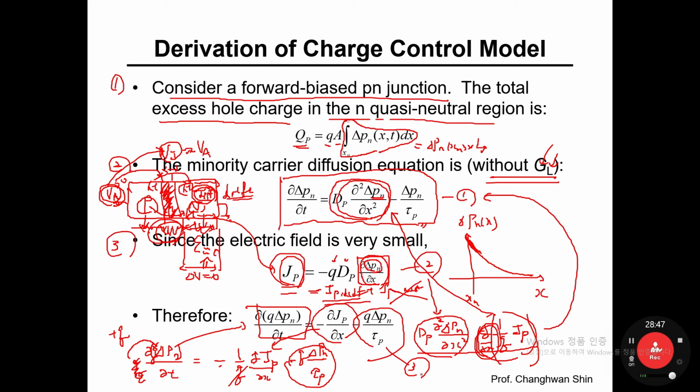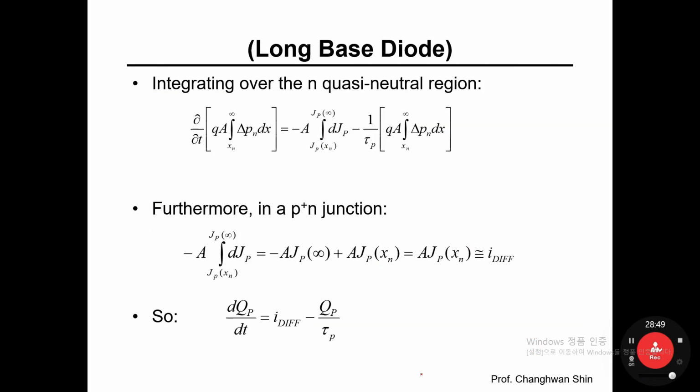Remember equation number 3 and bring it here. For equation number 3, let's do one more integration along the quasi-neutral region. Now let's integrate over the n-side quasi-neutral region.